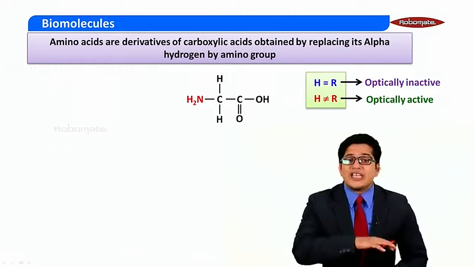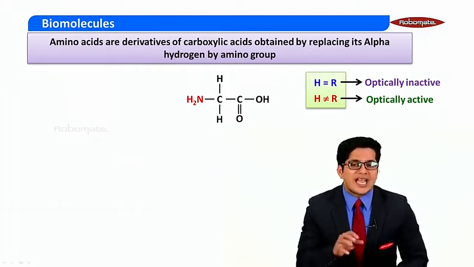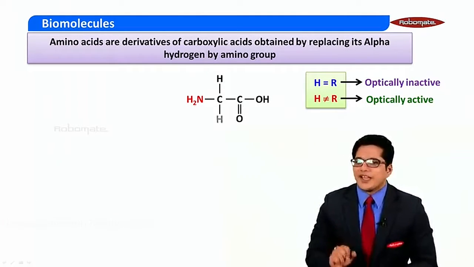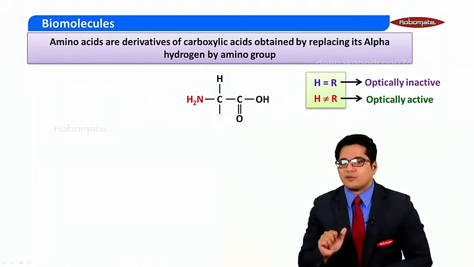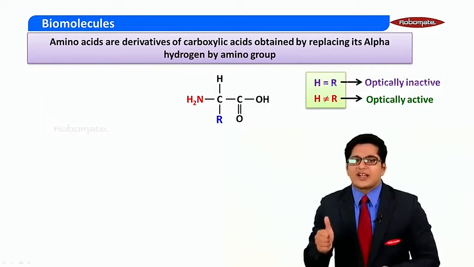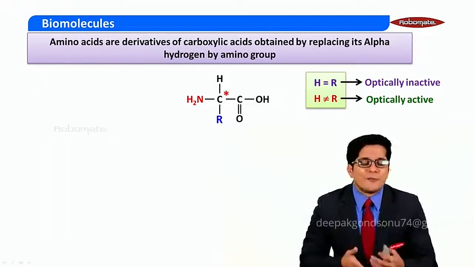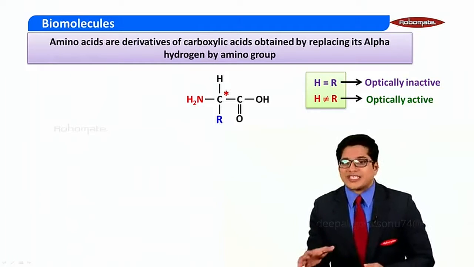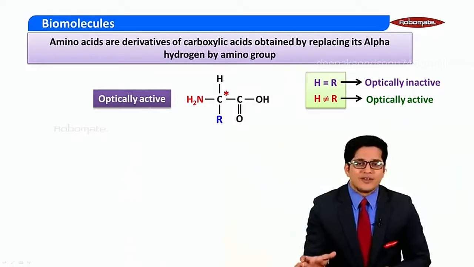Whereas if H is not equal to R, then it would be optically active. Let's see how. If I remove H and instead of this place any alkyl group, then what I would get? I would get a carbon that is optically active. Why? Because it would be a chiral carbon and thus the entire compound is optically active compound.